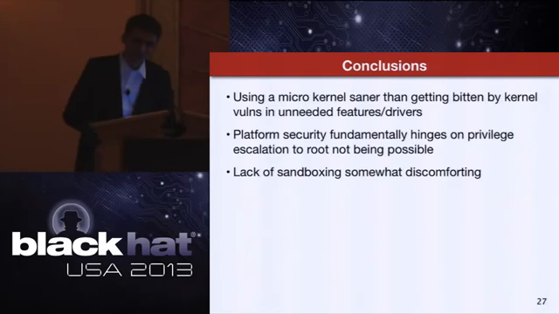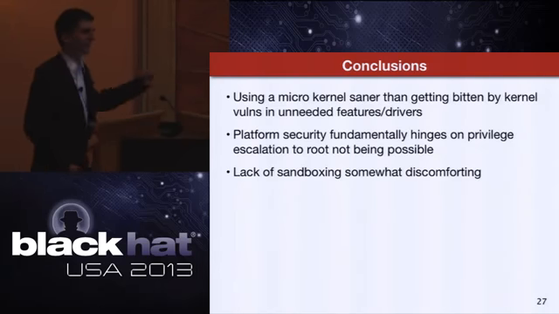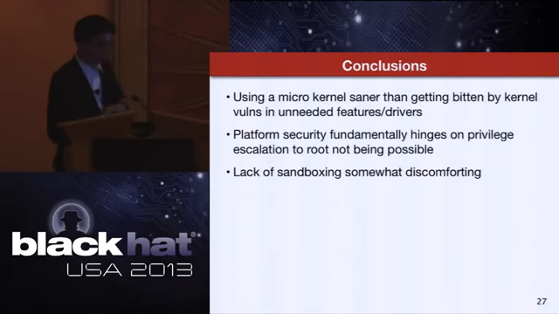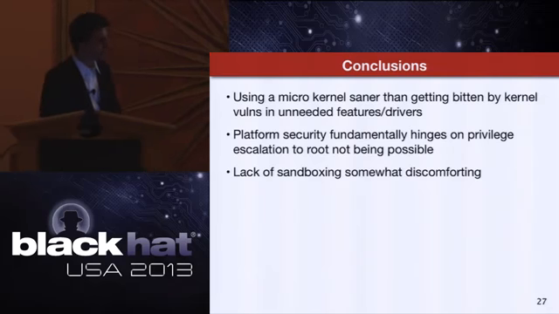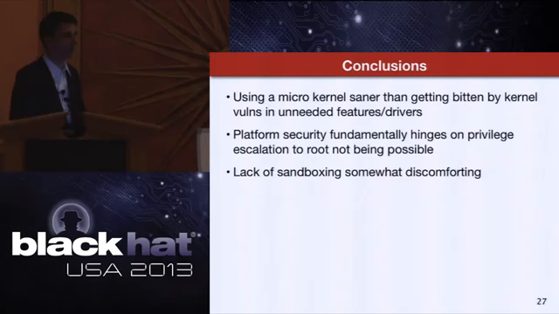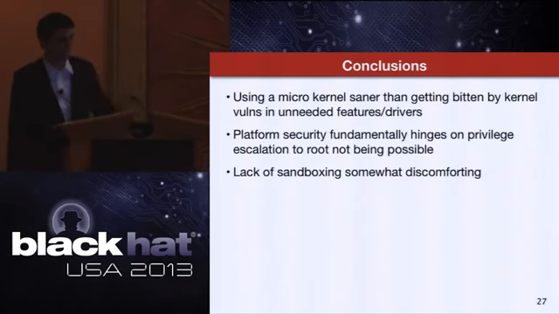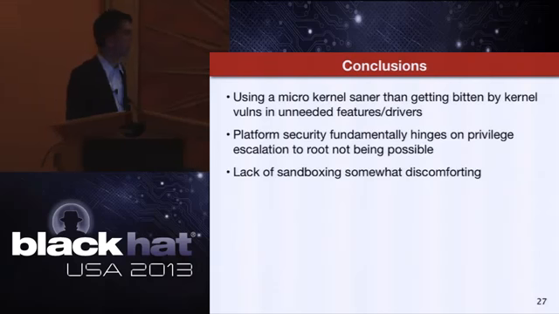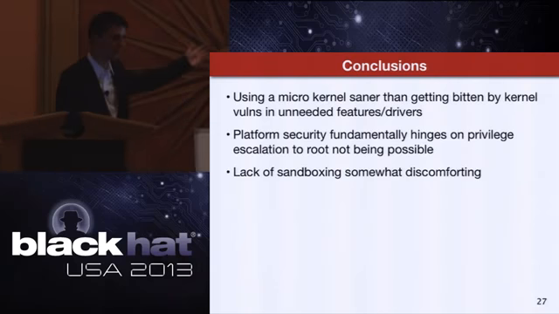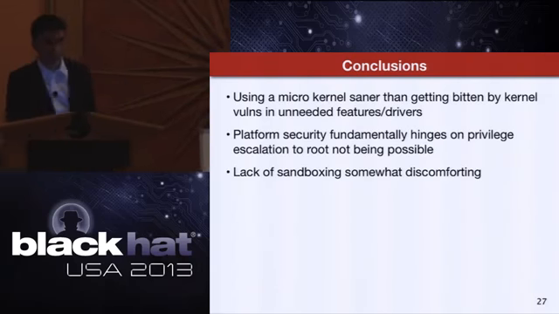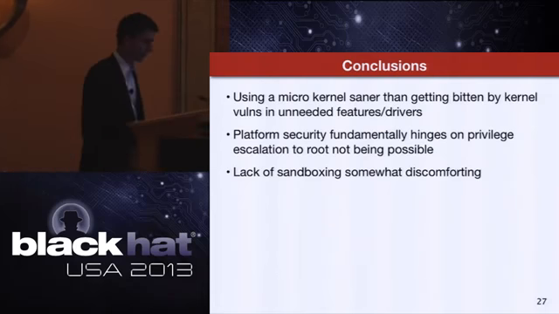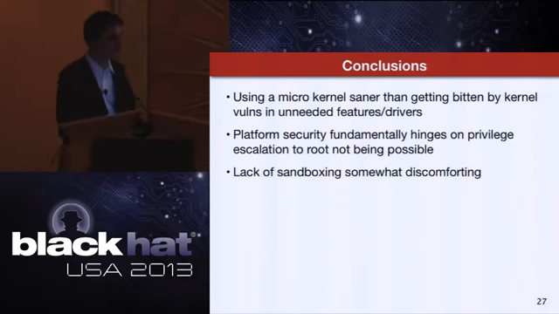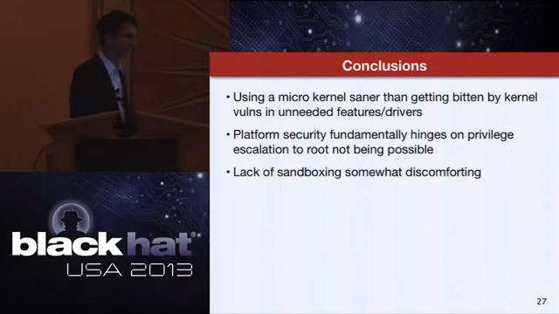And moreover, the fact that they don't have any other mechanisms to prevent that, so that if somebody is able to escalate, another fail-safe mechanism kicks in. For instance, you could have something like a trusted MAC or trusted BSD where you restrict system calls.